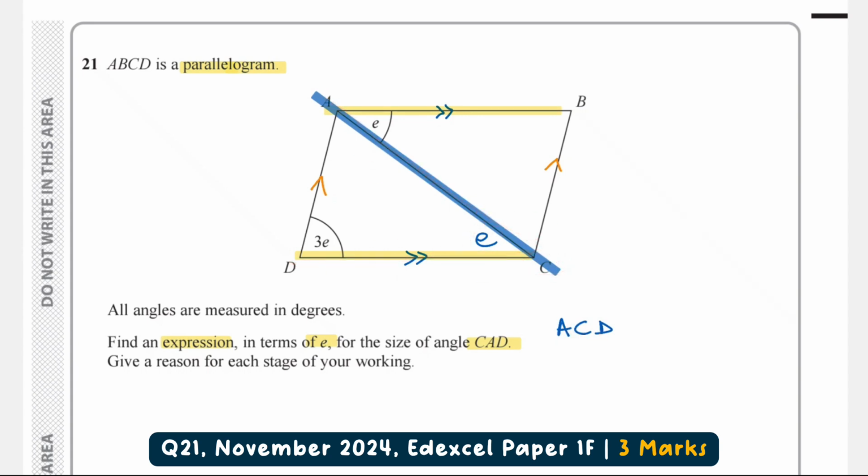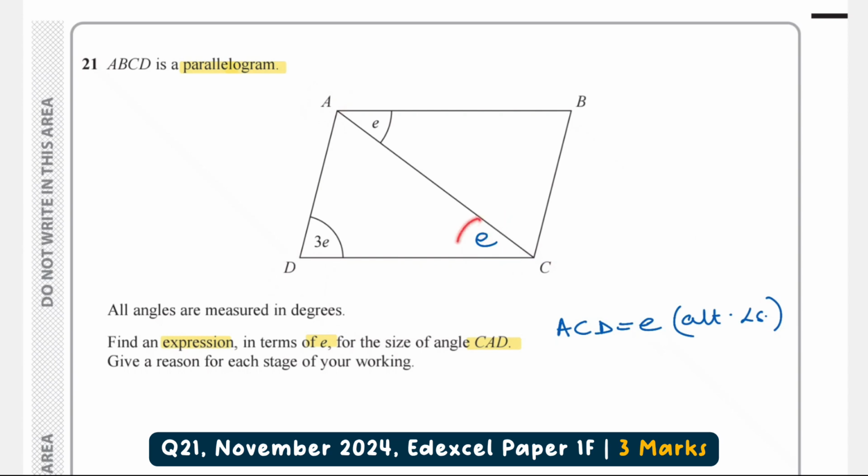So angle ACD equals E, and then you need to give the reason. All you need to say here is alternate angles, so alt angles, in brackets. So ACD equals E, and the reason is alternate angles.